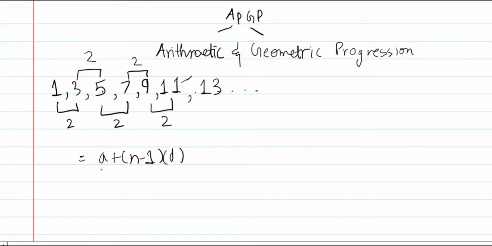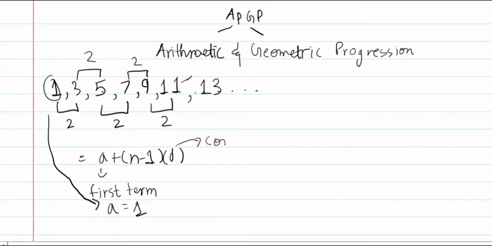So what's a? A is the first term, which in this case is 1. 1 is our first term because our series begins with 1. A is 1. What is d? D is the common difference.